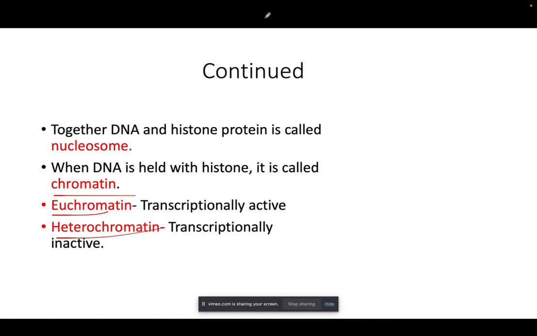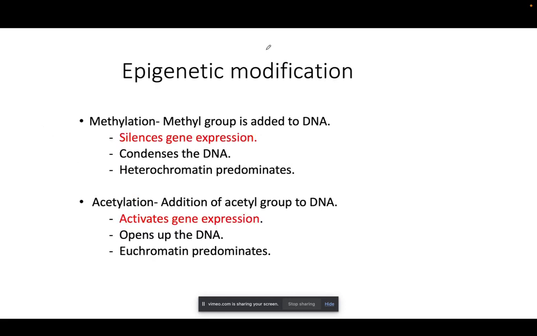Because as I said, the DNA is in the condensed form, so it is hard for the transcriptional enzymes to access this chromatin. Okay, so very important to know, because there are many epigenetic changes that happen that can alter the gene expression without even changing the DNA sequence. Okay, and we will talk about this in the next slide.